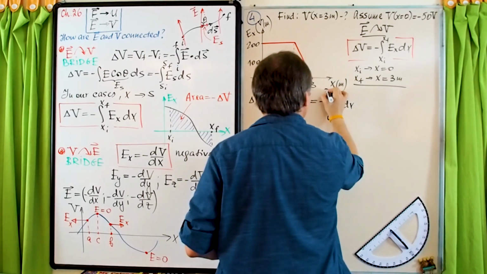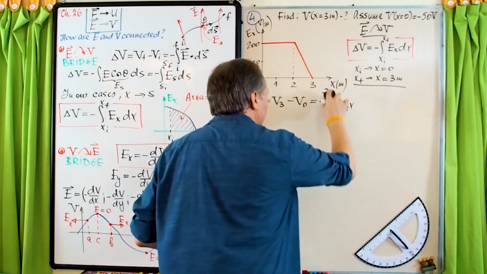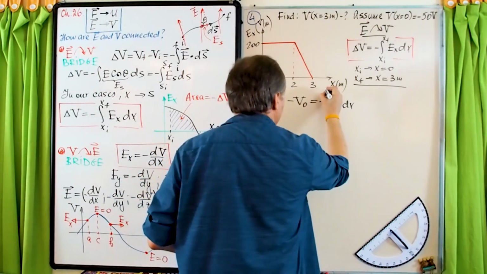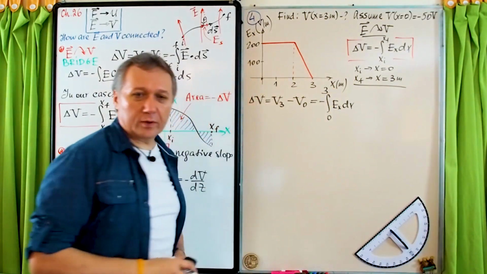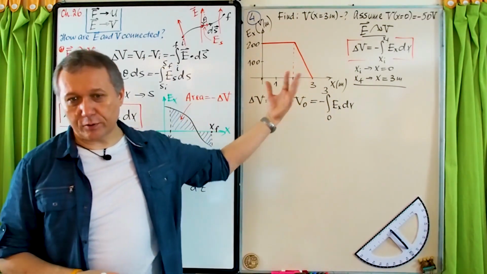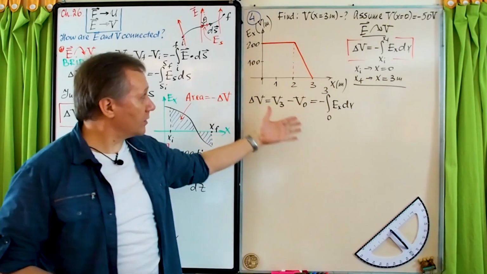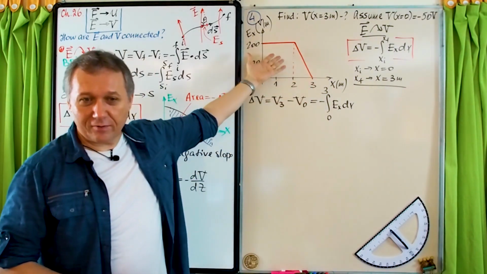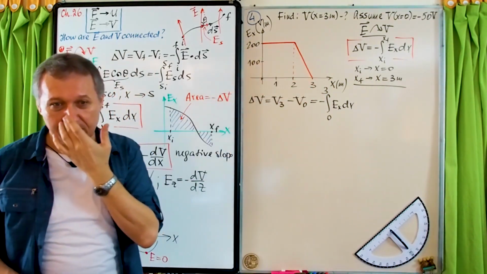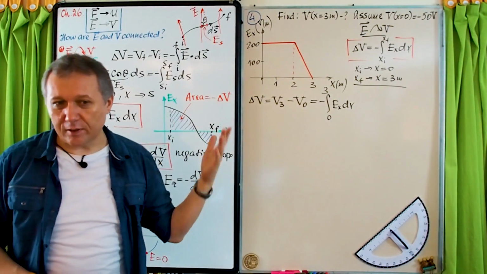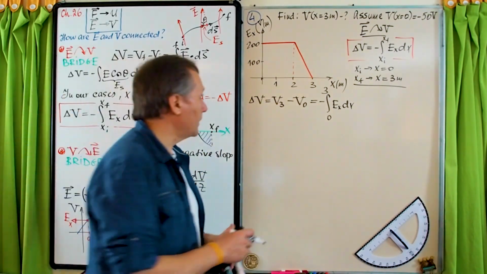Now I will put the limits from 0 to 3. If you want, you can easily integrate it, since the function E is quite simple, but we're going to use the area again.